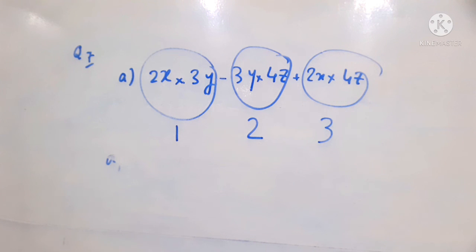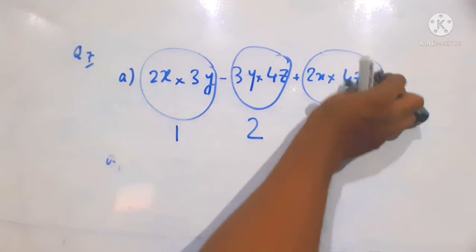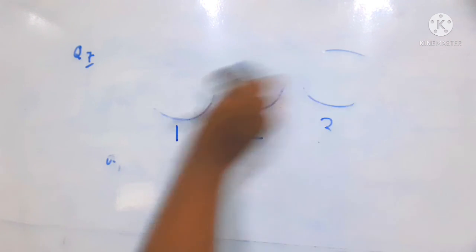Okay. Option B, this is also a trinomial. 2x 3y 4z multiplication, and then minus x square x y square z plus 5x into 2z. I tried to remember, I told you in the previous question, how can you find this?